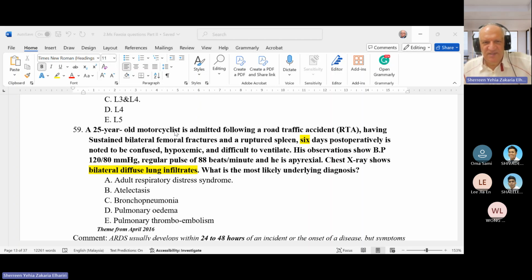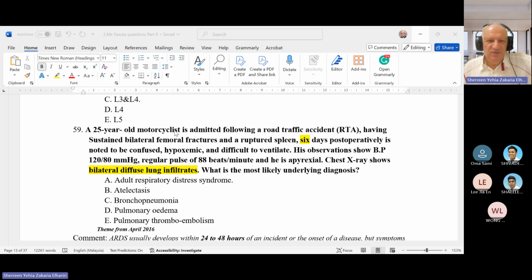A 25 years old motorcyclist is admitted following an RTA, having sustained bilateral femoral fracture and ruptured spleen, 6 days post-operative. It is important to remember it is 6 days, because in the other version you can find the same scenario with 3 days. I will tell you the difference now.